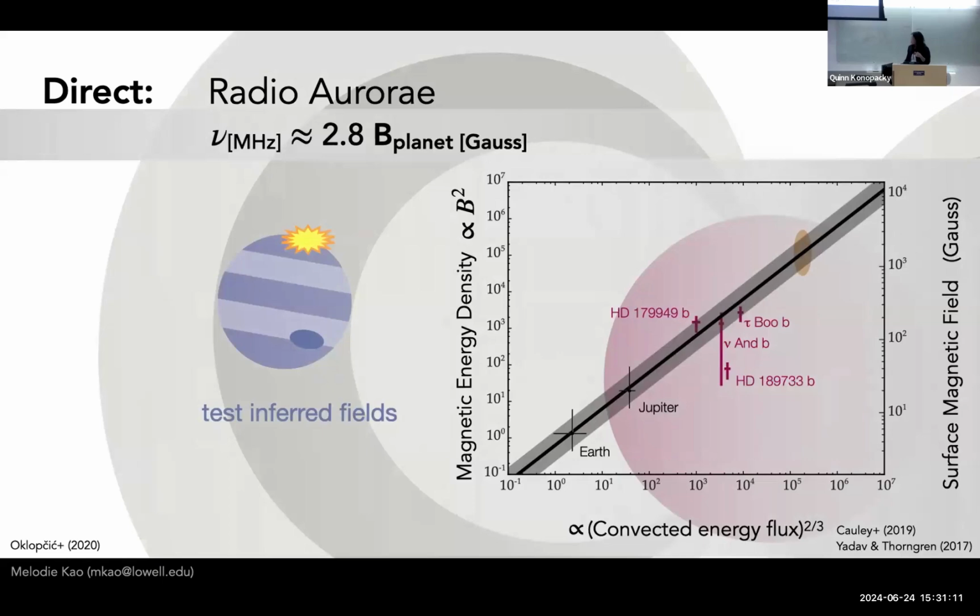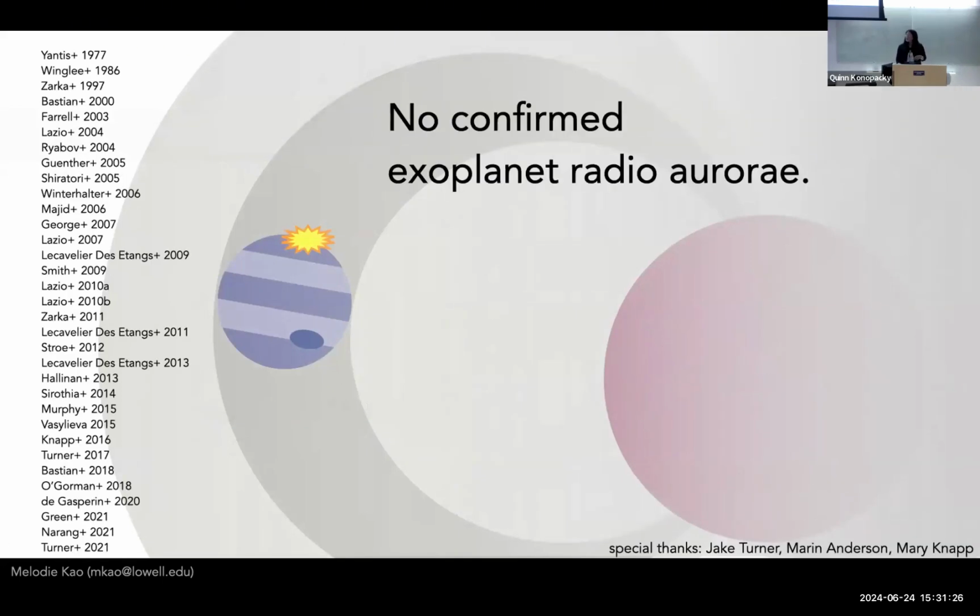And so if we were able to detect such aurorae from these hot Jupiter systems, that would be an independent means of verifying these magnetic field strengths that Wilson-Cawley et al. inferred.